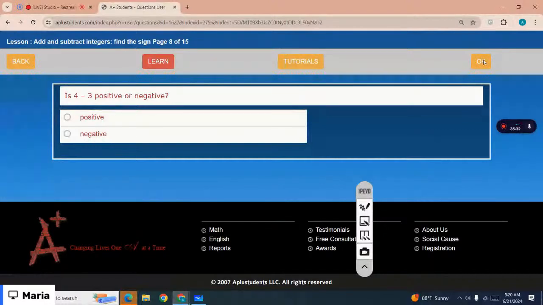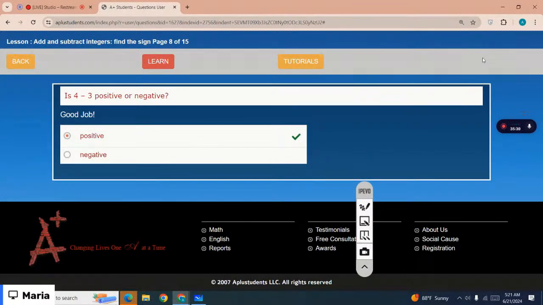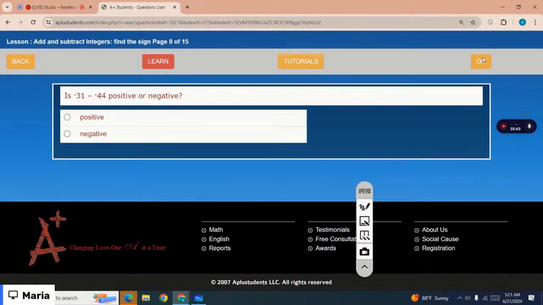The answer must be positive. The correct option is positive. Negative 31 minus negative 44. Now they are subtracting, right? But subtracting a negative number is the same as adding.